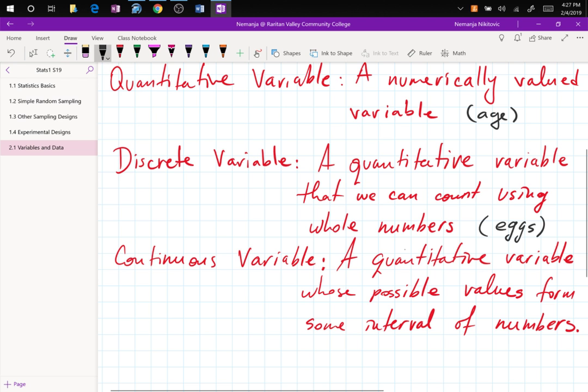So it's not really counting. We can have numbers in between the numbers you used. That forms the interval.